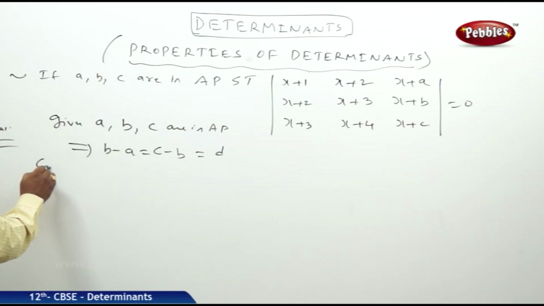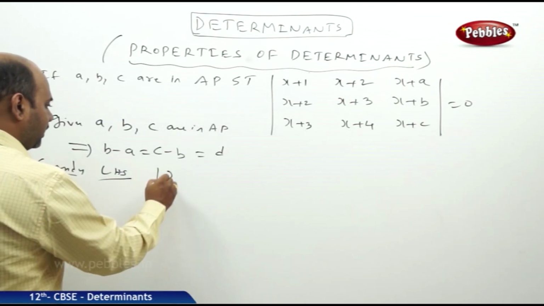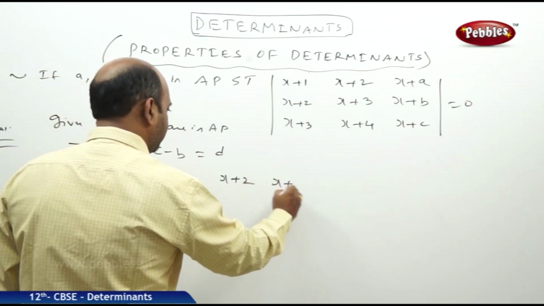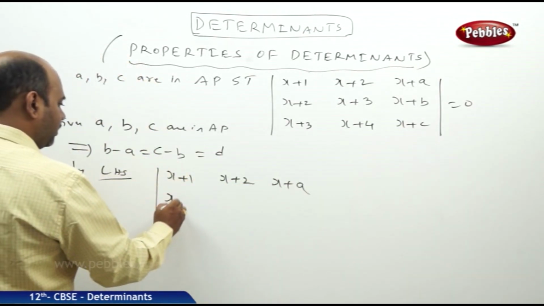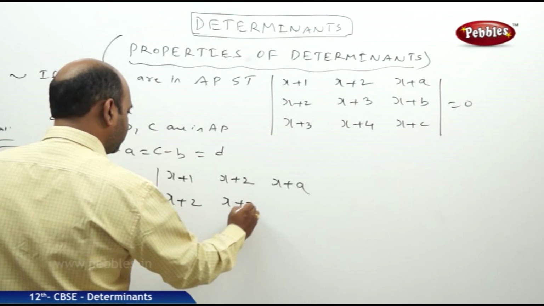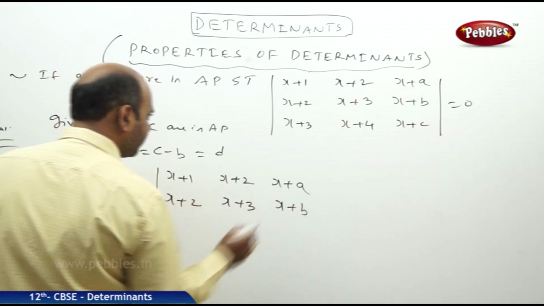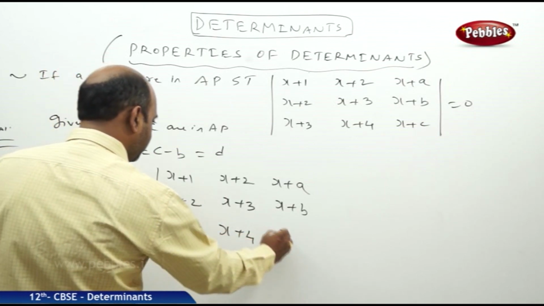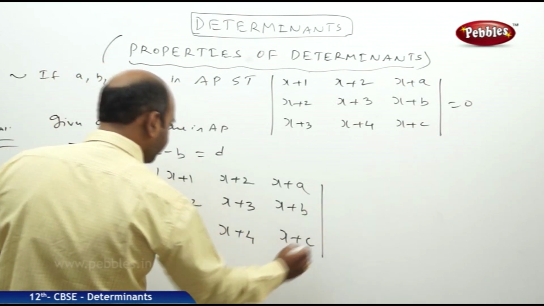Now I will be considering our LHS. What is our LHS? x plus 1, x plus 2, x plus a, and x plus 2, x plus 3, x plus b, and x plus 3, x plus 4 and x plus c.